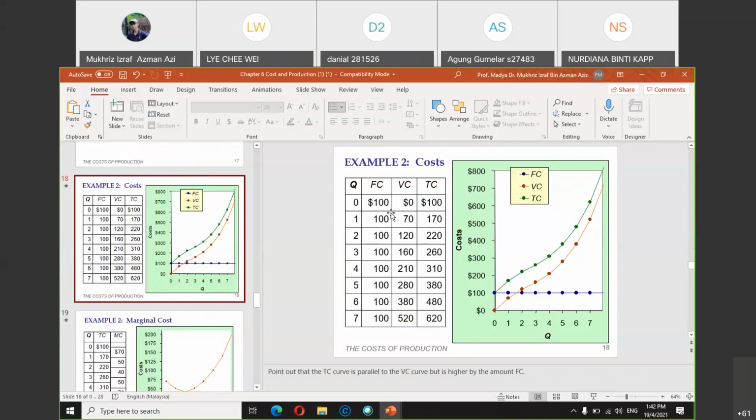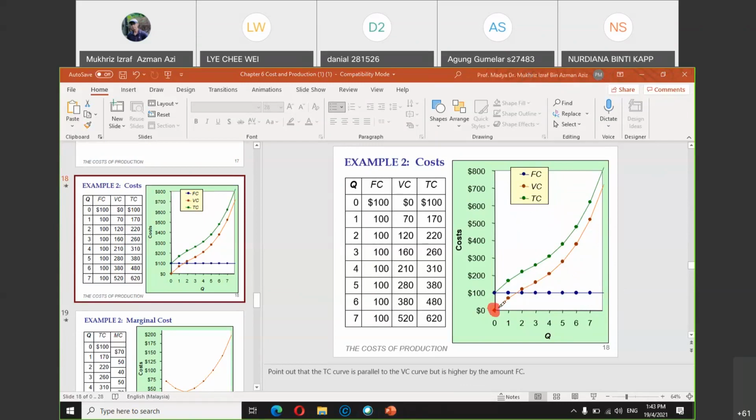Fixed cost is a straight horizontal line, of course, because the value is fixed. Variable cost is this orange line. Logically, total cost will be higher than variable cost because TC is the sum of FC plus VC, and you can see that variable cost starts from zero.